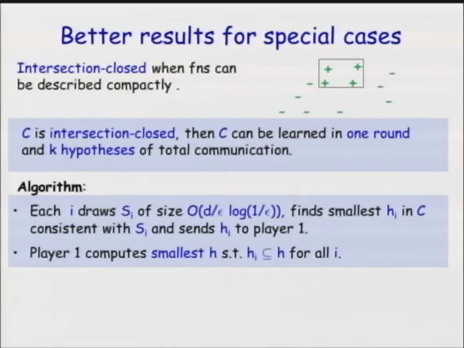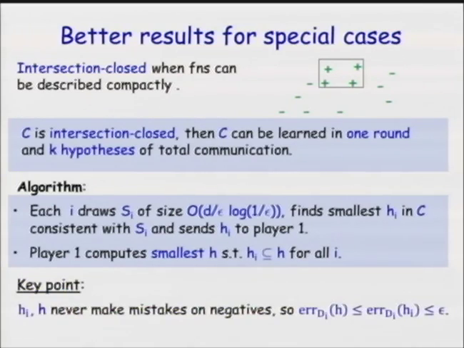Then player 1 outputs the smallest hypothesis H that contains each hypothesis Hi. The point is that each hypothesis Hi never makes a mistake on negative examples, because it contains the target function, and so H never makes a mistake on negatives. And on positives, the hypothesis H does only better.